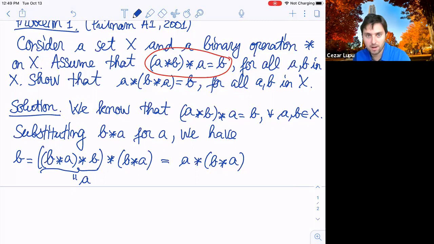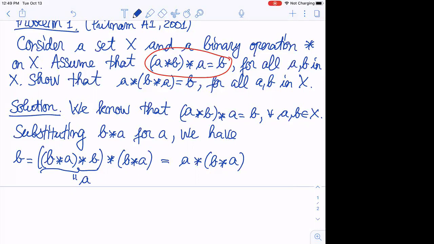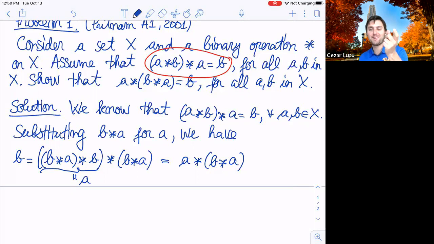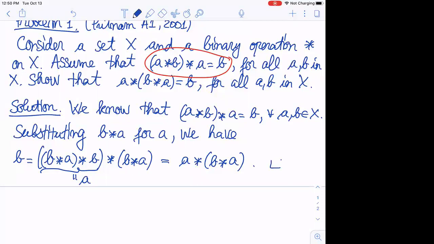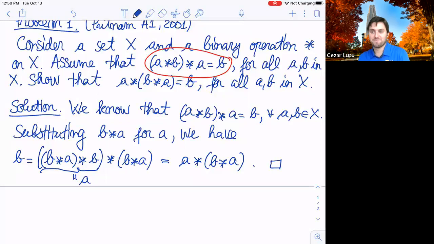Yes, it is, because it's a binary operation. I said A star B and B star A are in the set. Right. Okay. You have only 2 options, A star B and B star A, to replace for A and B. Well, we have kind of 4 options. That's it. So that was a trick. That's it. End of story.